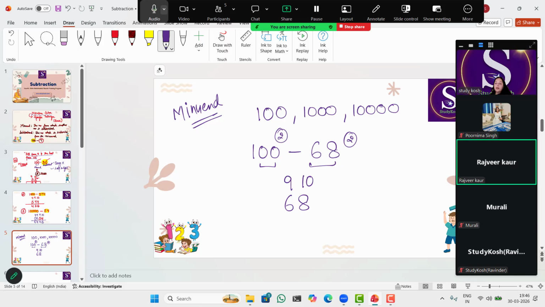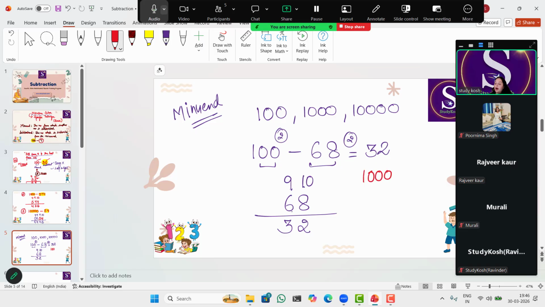Now you will solve one question along with the meaning of the sutras. 1000 minus 928. Now tell me how to solve it. Okay, ma'am. Rajveer, how will you solve it? Yes, they are same.